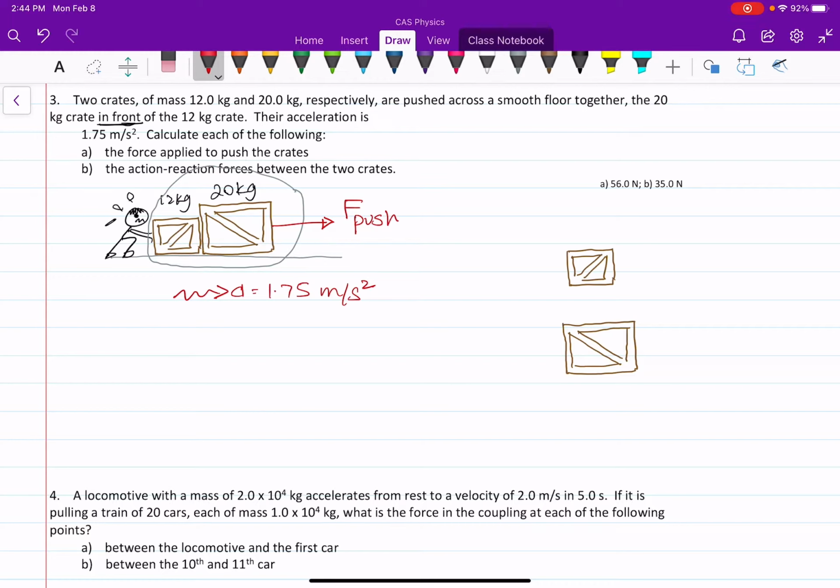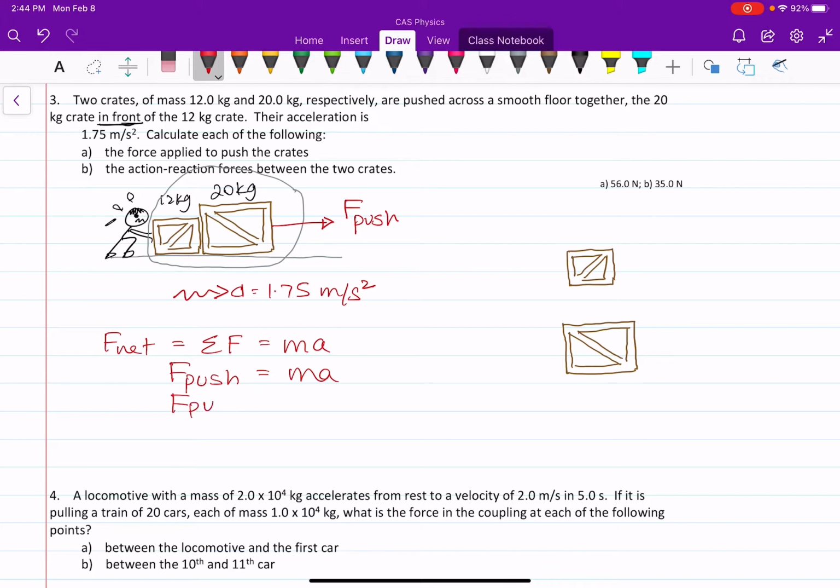So looking at this free body diagram of the two masses combined, I set up my F-net statement, which is F-net equals the sum of the forces, which equals MA. In this case, the sum of the forces is simply the force of the push, and that equals MA. So what we're trying to figure out is what is that force of the push.